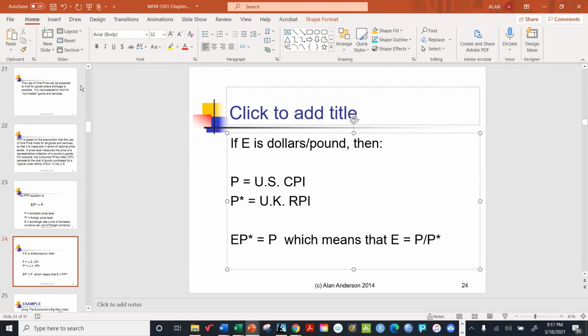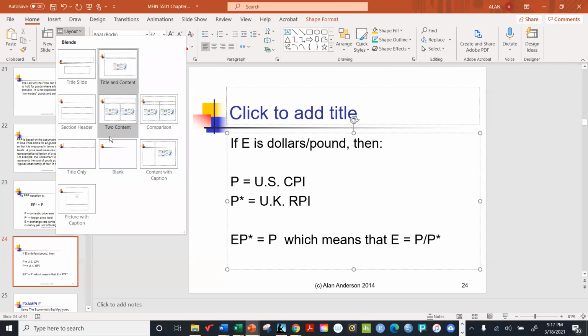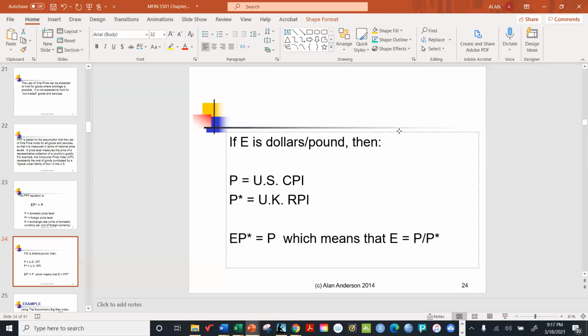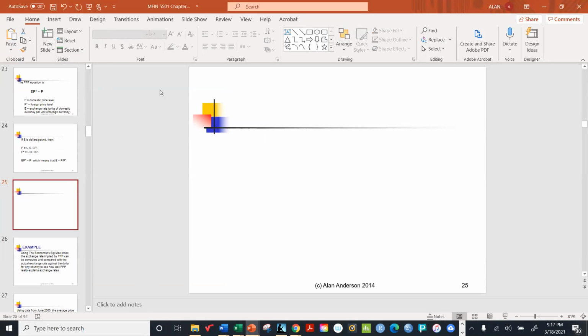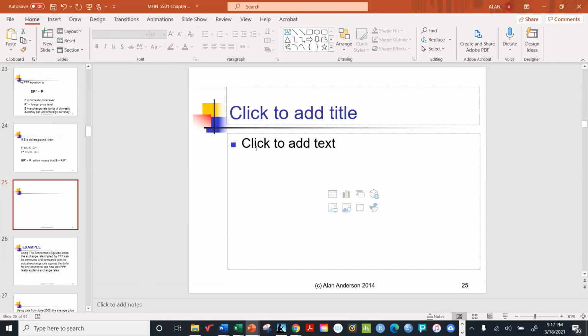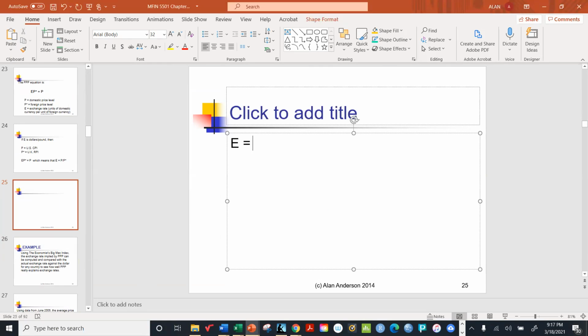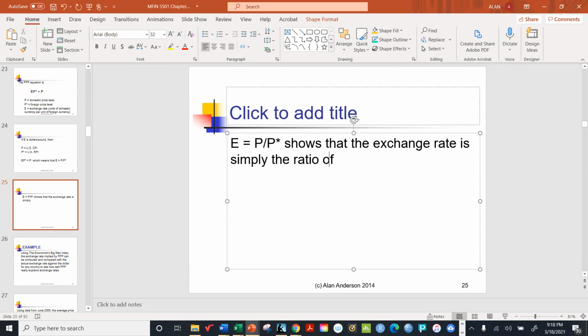So you can see basically it's a theory which says that the exchange rate is coming from the ratio of domestic to foreign prices. Okay, so E equals P over P star shows that the exchange rate is simply the ratio of the price level indices in two countries.